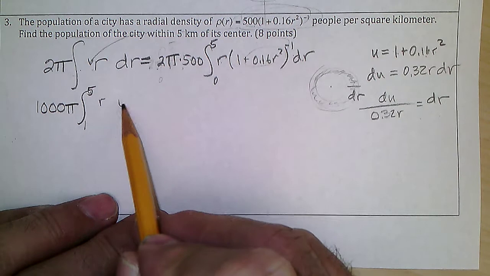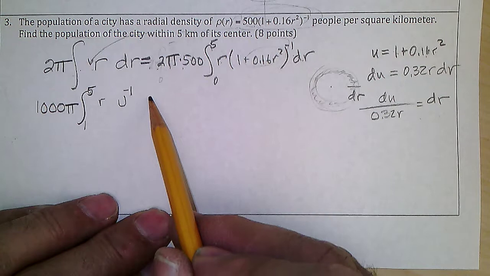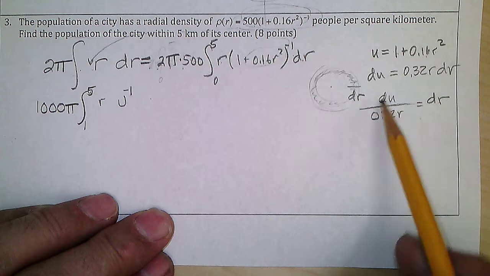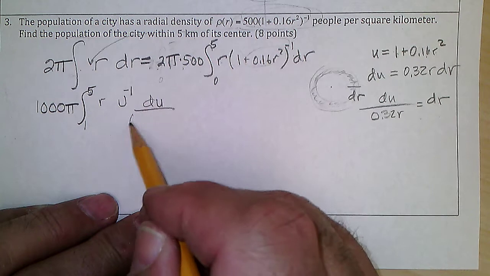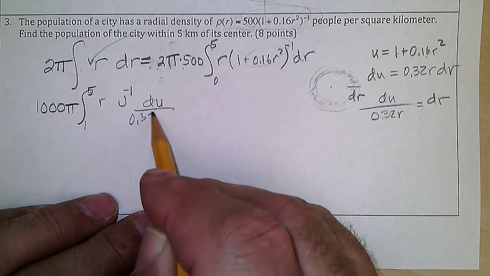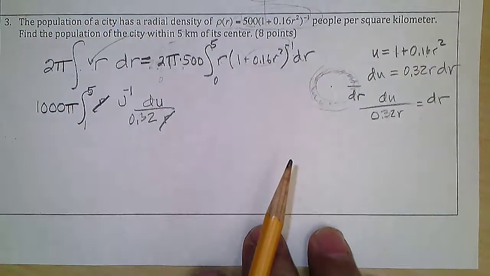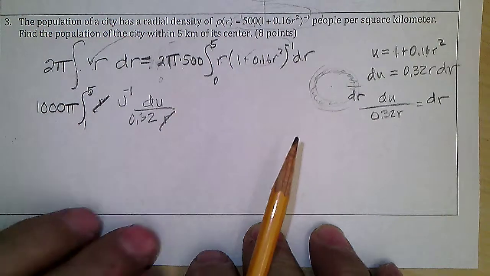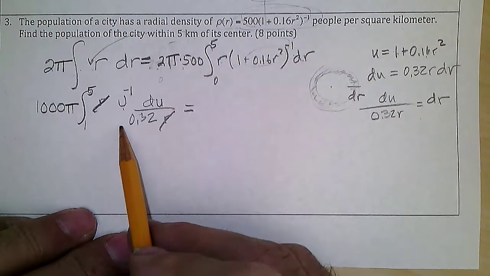And this, which is going to be u to the minus 1. dr changes to du over 0.32 r, and so the r's cancel. So we have u to the minus 1, which is 1 over u.